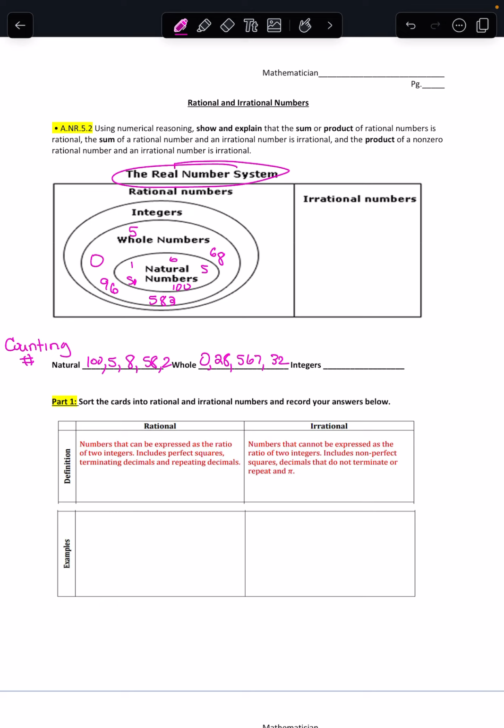All right, your integers are all of your whole numbers and their opposites, which are negative numbers. So our integers are going to include our negative numbers.